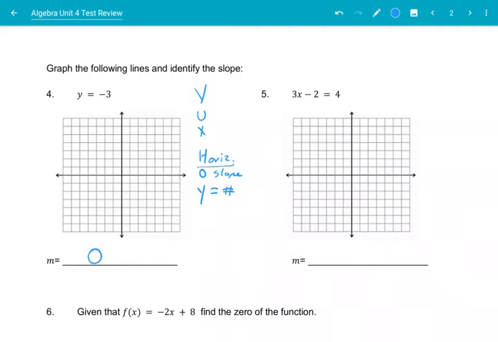It's a horizontal line at -3. So we'll go to -3 on the y-axis. Here, let's write a little note: go to this point on this axis. That's how you do it. So there's the line.